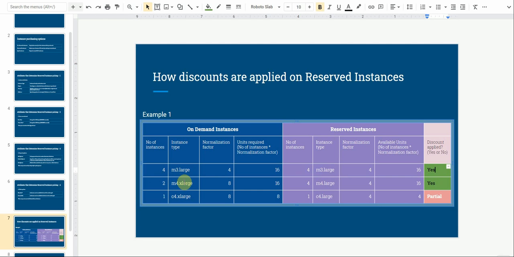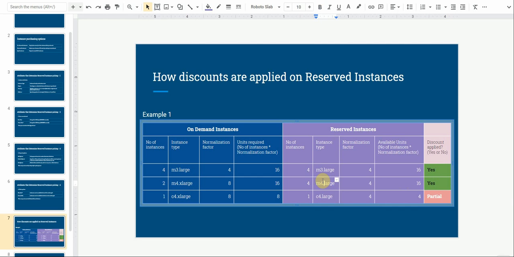There is a different case with M4X large. We require 2 instances of M4X large, which means we require 16 units of M4. So we have purchased reserve instances as M4 large. We have purchased 4 reserve instances of M4 large, which means we have 16 units for instance family M4. So even though instance type doesn't match, we were able to receive 100% discount. Let us see again.